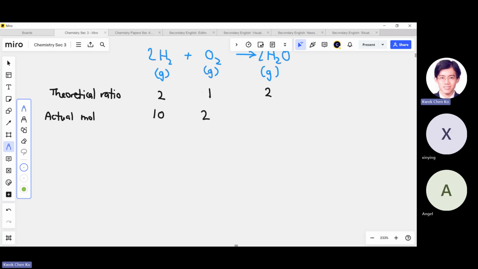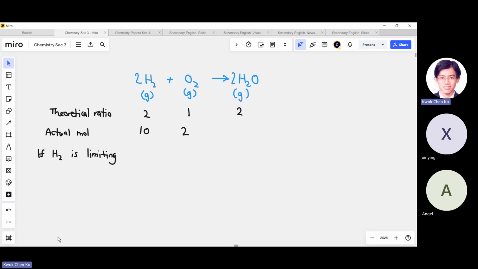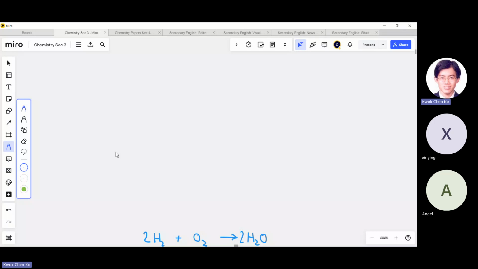So let's assume H2 is limiting. Maybe you want to spare some space somewhere to write down some general guidelines. Number one: whoever is limiting is completely used up, or completely reacted.